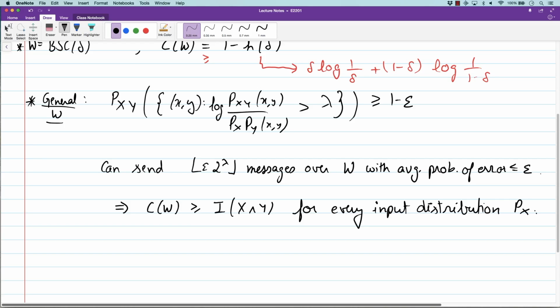Note that this part of the proof is called the achievability proof. The way we did this proof, we constructed a randomized codebook with coordinates generated independently using the same distribution Px. Then we saw that this randomly generated codebook has small average probability of error.